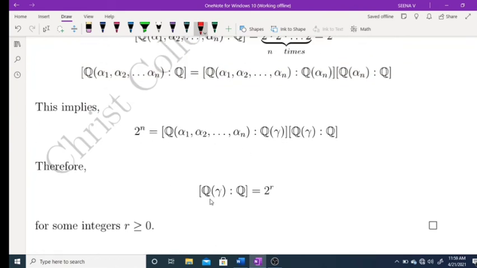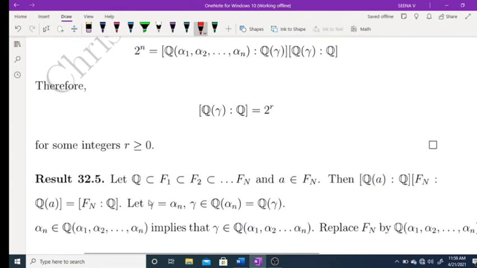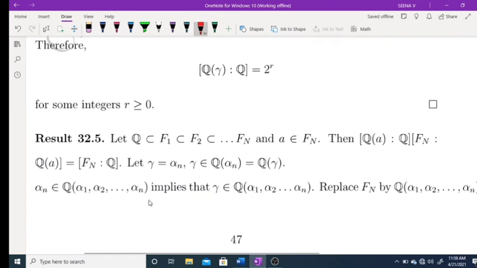Therefore, the degree of Q(gamma) over Q must be a power of 2, that is, equal to 2 raised to r for some r greater than or equal to 0.